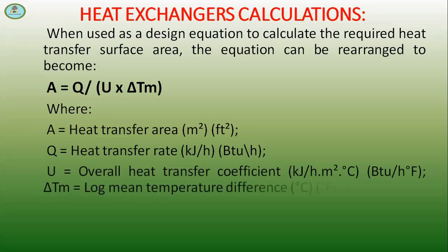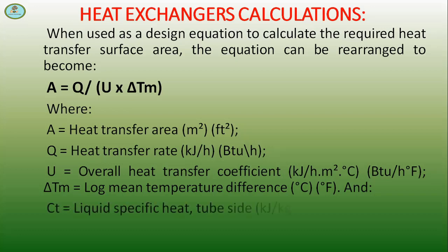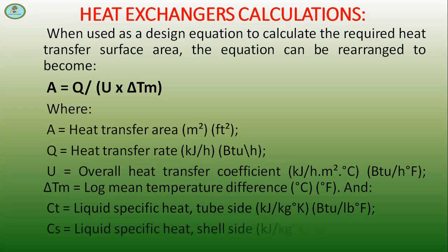Delta Tm is log mean temperature difference in degree Celsius or degree Fahrenheit, and Ct is liquid specific heat tube side in kilojoule per kg degree K or BTU per lb degree Fahrenheit. Cs is liquid specific heat shell side in kilojoule per kg degree Kelvin or BTU per lb degree Fahrenheit.